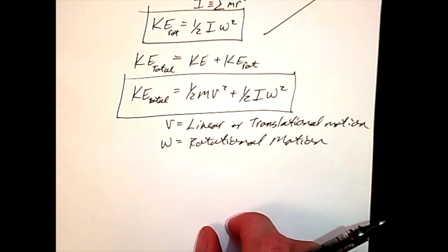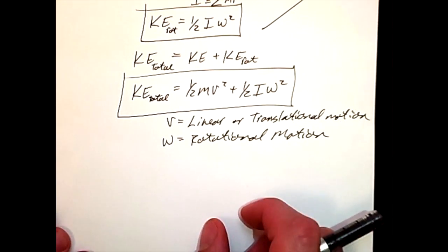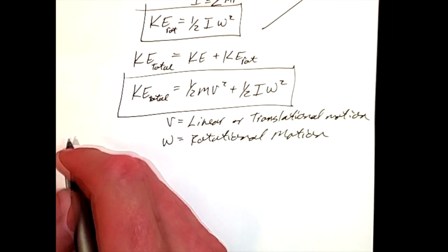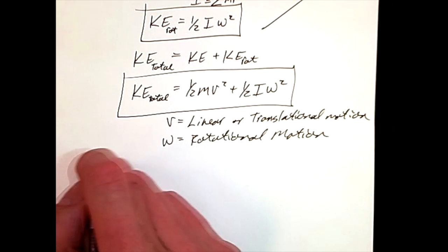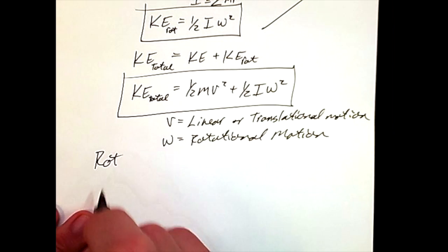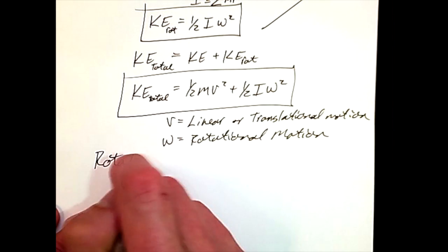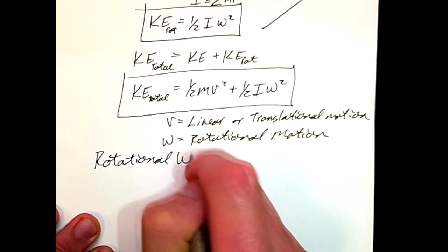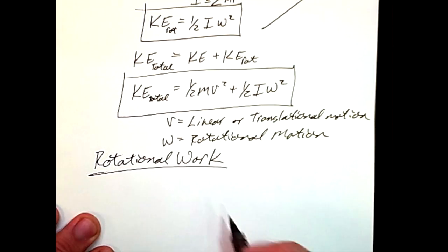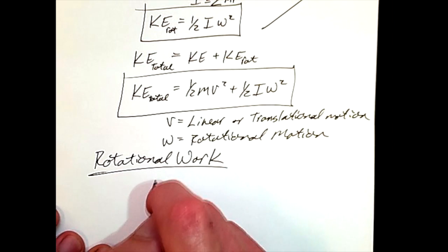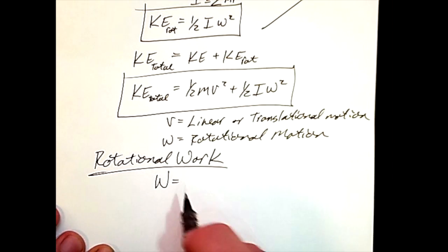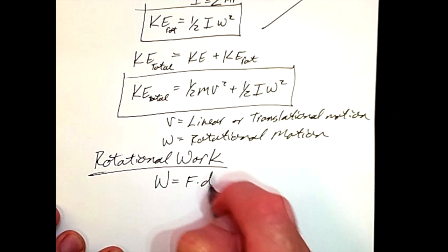Keeping that in mind, we can also think about the fact then that a form of energy that causes it to transition from potential to kinetic or others is rotational work. Rotational work would be based on a linear analysis where work is equal to force times displacement.